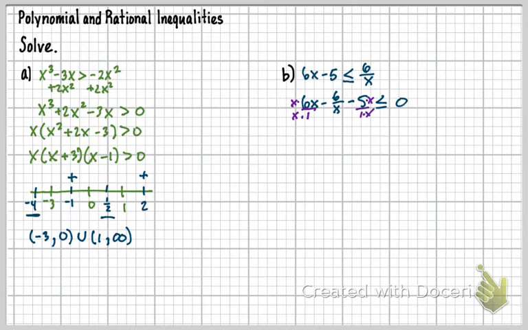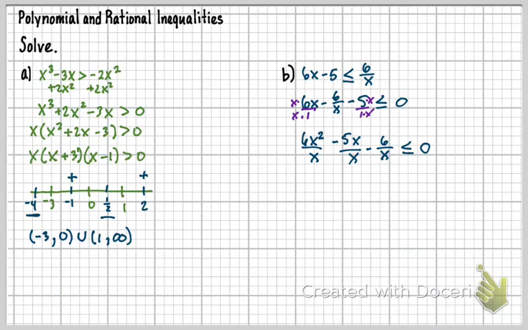And then what we'll end up with is 6x squared over x. And I'll put this here on the end. And again, you might not realize that right away, and I didn't, and that's okay. You can always switch them around as you go. And then minus 5x over x. And then minus 6 over x. Less than or equal to 0.